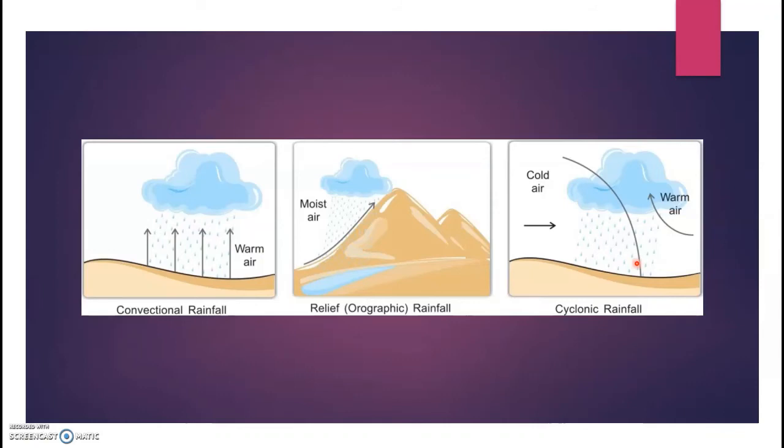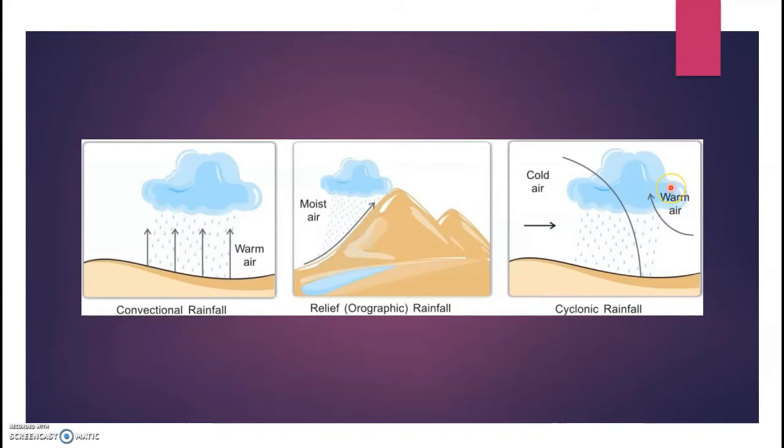A warm front and the cold front are the two parts of the front. At the warm front, the warm lighter wind rises slightly over the heavier cold air. As the warm air rises, it cools and the moisture present in it condenses to form clouds. This rain falls gradually for a few hours or to a few days.